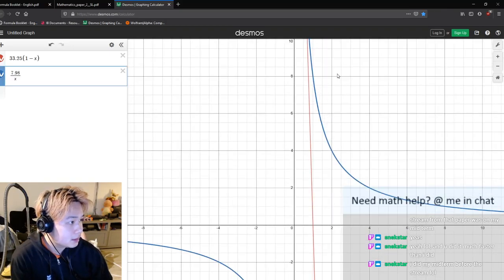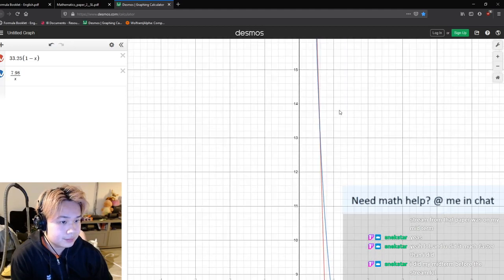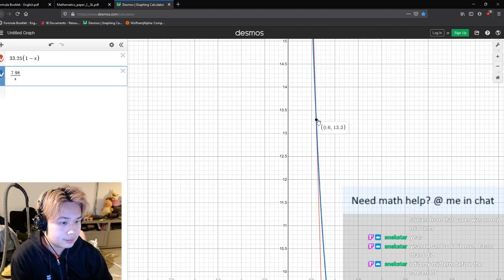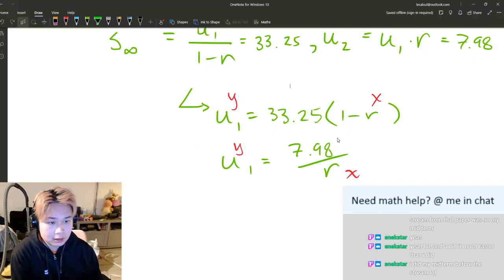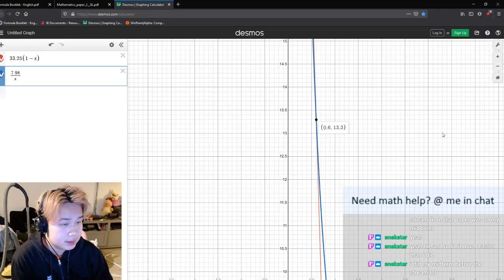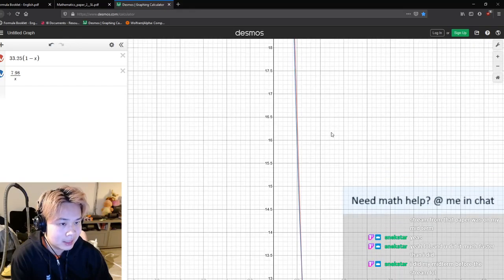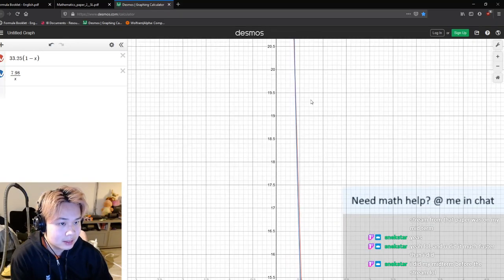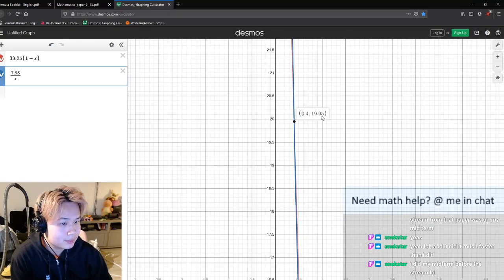Because in Desmos, I can just click on them. So here's the first one, 0.6 and 13.3. And it's not like you can't do this on a GDC, it's just a little tedious right now. And then there's another intersection somewhere over here at 0.4 and 19.5.